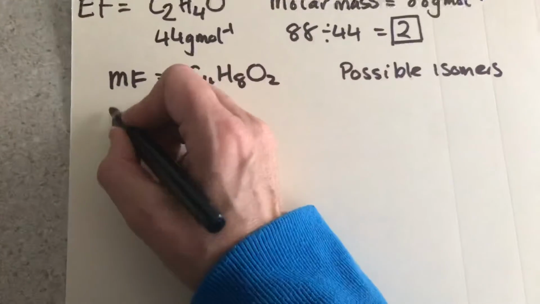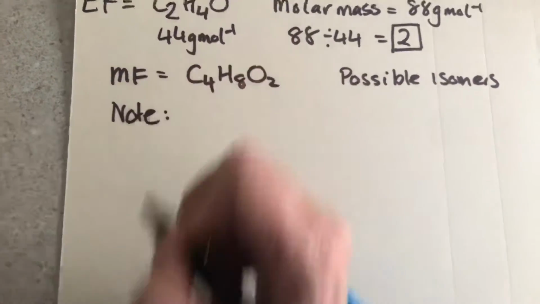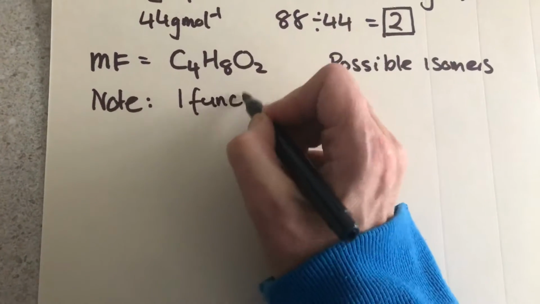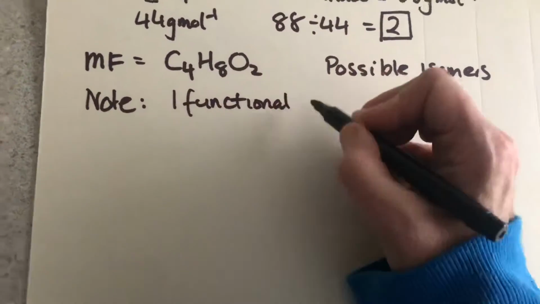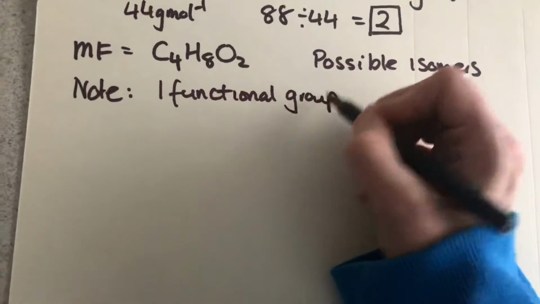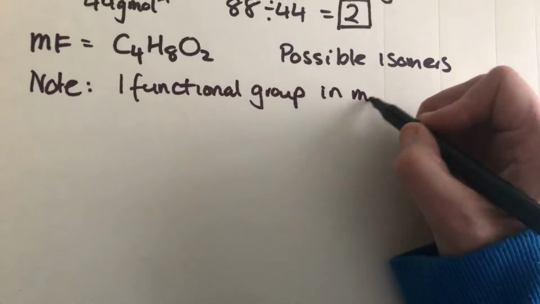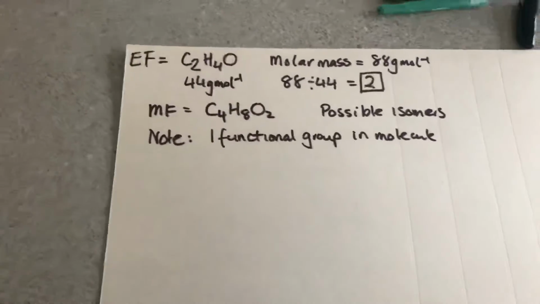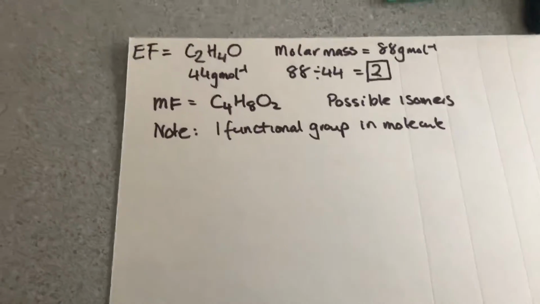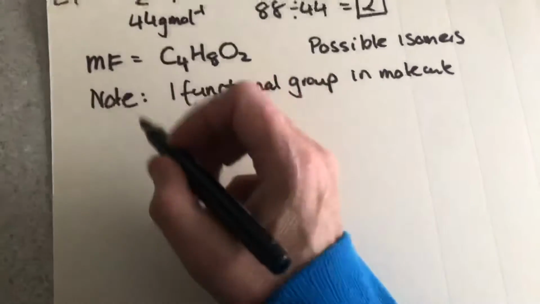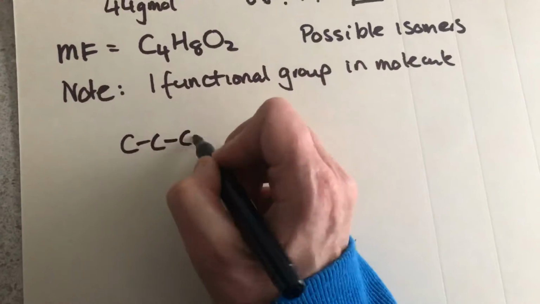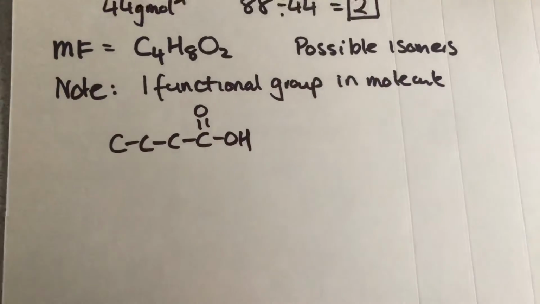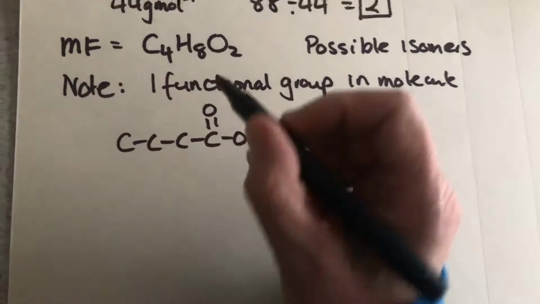Now one note that we do have to make is that for this standard you will only be getting one functional group in your molecule. So you won't have, for example, a ketone in the middle and an alcohol at the other end or something like that. So the most obvious one, I think, is going to be our 4 carbons and a carboxylic acid group, which has our 2 oxygens.